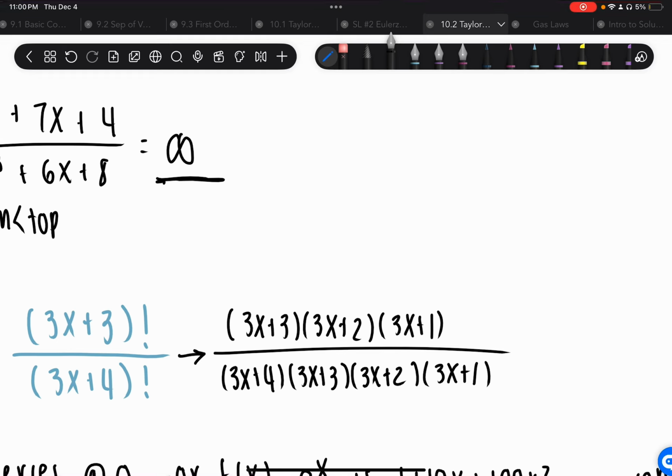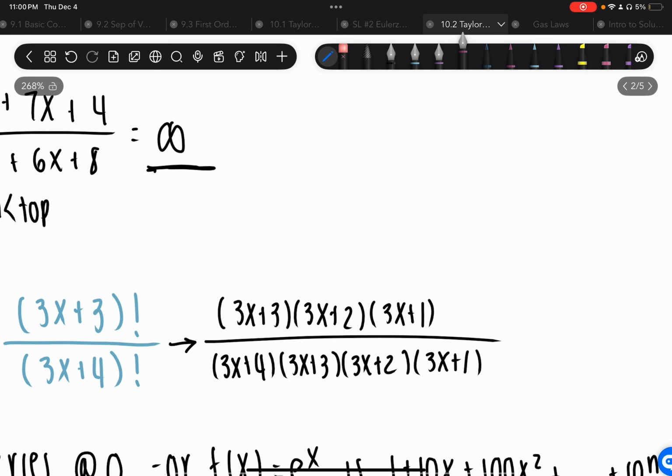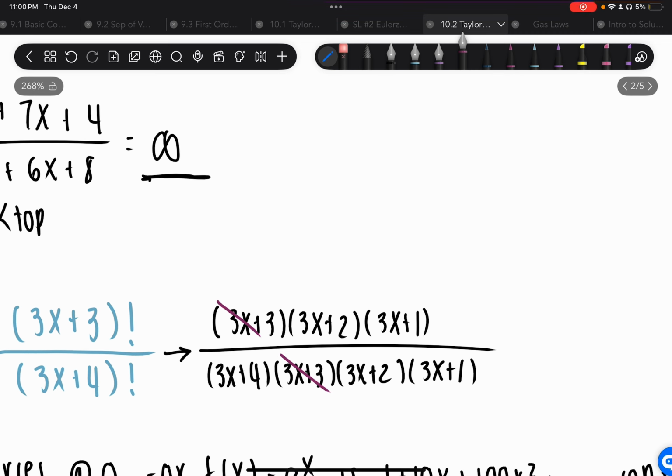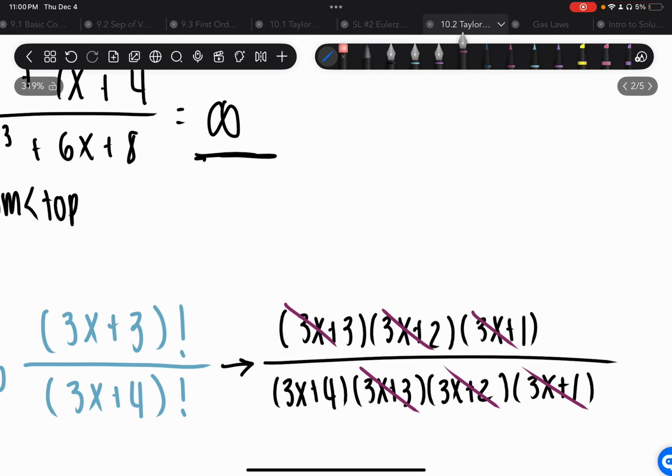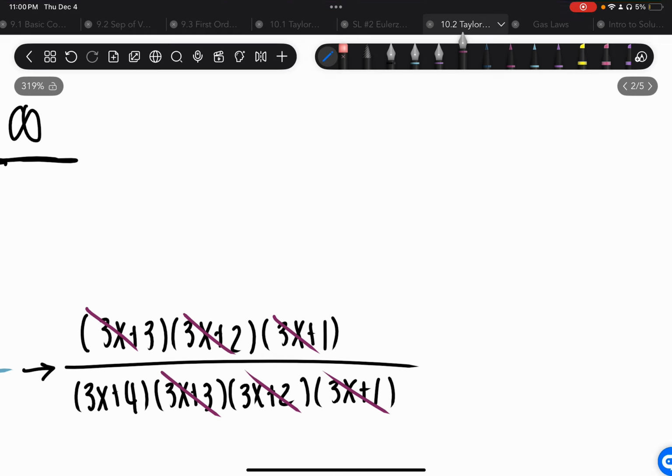Now I see a lot of things that can be canceled out, but I still have this 3x plus 4 in the denominator, which means I have 1 over 3x plus 4.